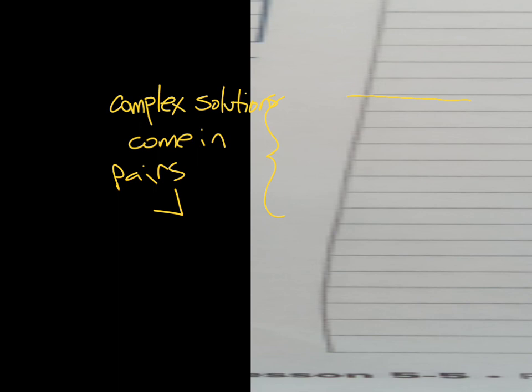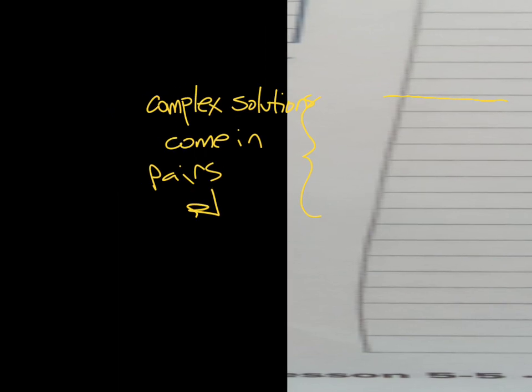Okay, and so what that means is you cannot just have an a minus bi. You would have an a plus or minus bi. They come in pairs. You cannot have an odd amount of imaginaries. That's all that says right there. Is that okay?